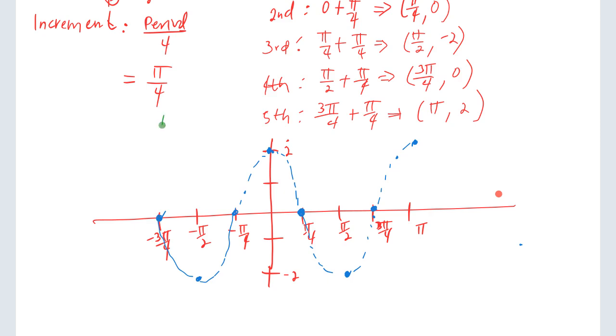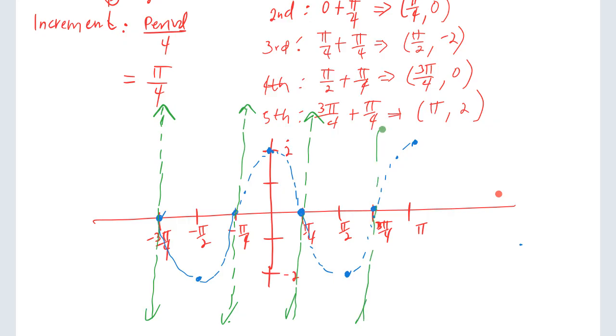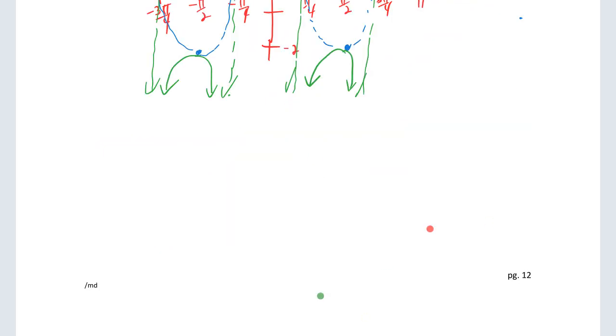Let me begin with the asymptotes first, which are the x-intercepts of the cosine function, and then we draw those parabolic shapes on the maximum and minimum points. There you go. This would now be the graph, the green line only. This would be the graph of the secant function.